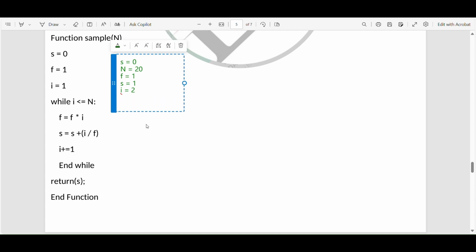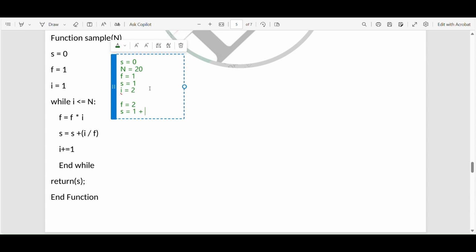And when you go to the next iteration, you need to check once more: 2 is less than or equal to 20. Definitely. And now we are having f into I. F is 1, I is 2. So 1 into 2 will become 2. And now s. Previous value of s is 1.